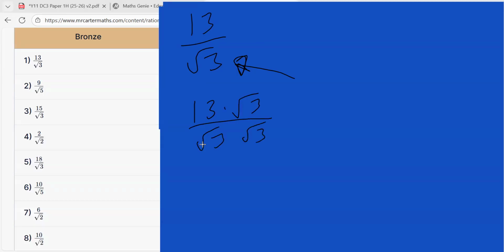The top number stays the same, 13 root 3. When we see a number next to a surd, it means it's being multiplied. A bit like 13x means 13 times x, in a similar way 13 root 3 means 13 times root 3.